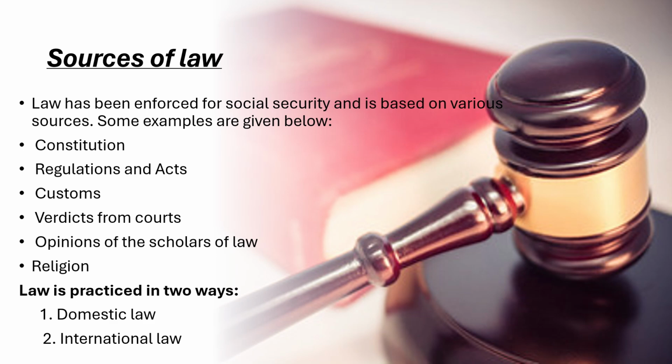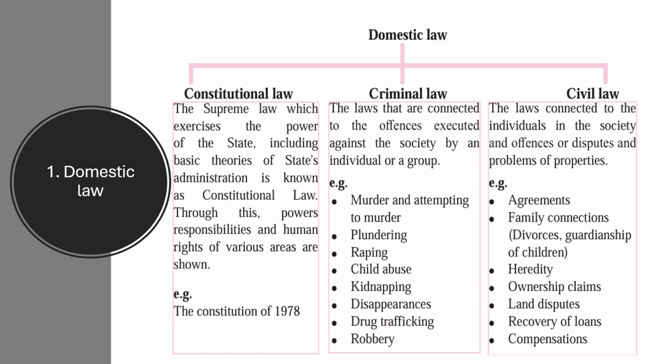Law is practiced in two ways, domestic law and international law. And here's the definition of domestic law from your textbook that is making my brain hurt. Okay, just write the short meaning of whatever this is.